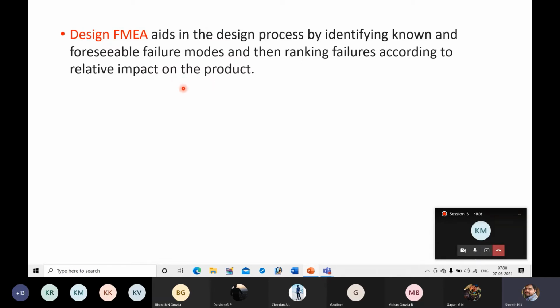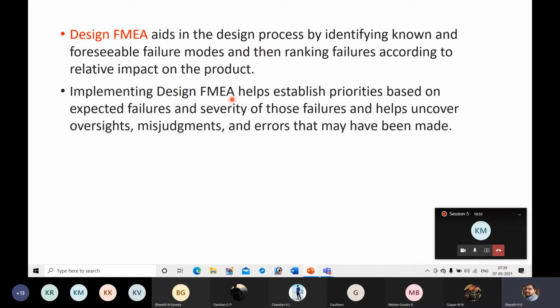What are the functions the product should perform in order to ensure the product will perform well? What are the design considerations? How should the design be made? Again, he has to keep in mind how it will be converted into a physical product. What are the processes that will be employed? By keeping these things in mind, he has to design. Otherwise it may end up with poor quality of design.